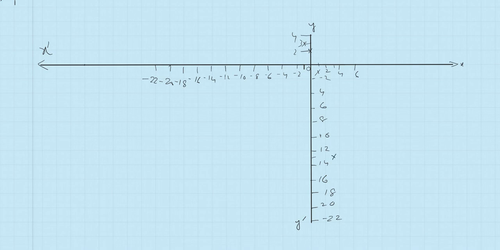This is the point. x 3, y minus 13. Then x 4, y minus 22. So this is x 4. This is y minus 22.